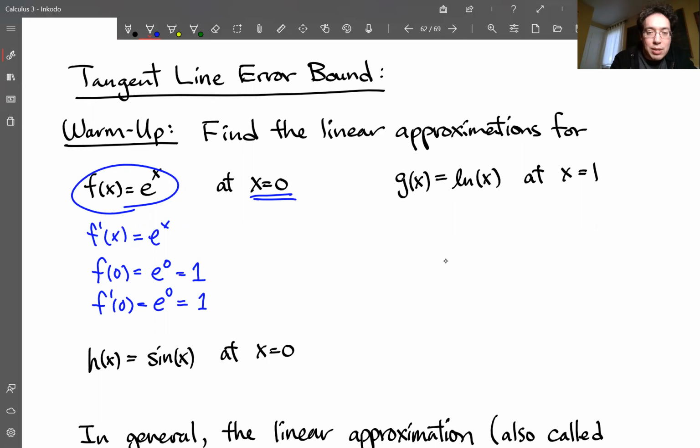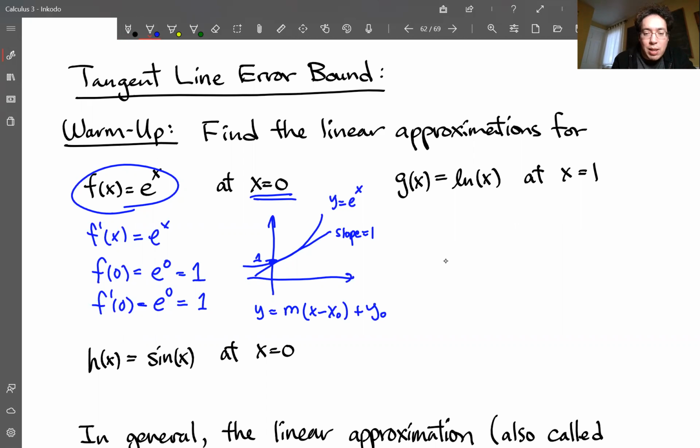Okay, so I have e to the x here. And then I'm looking at x. This height is at 1, and the slope of the tangent line is also 1. Okay, so I'm going to use this formula for a line.